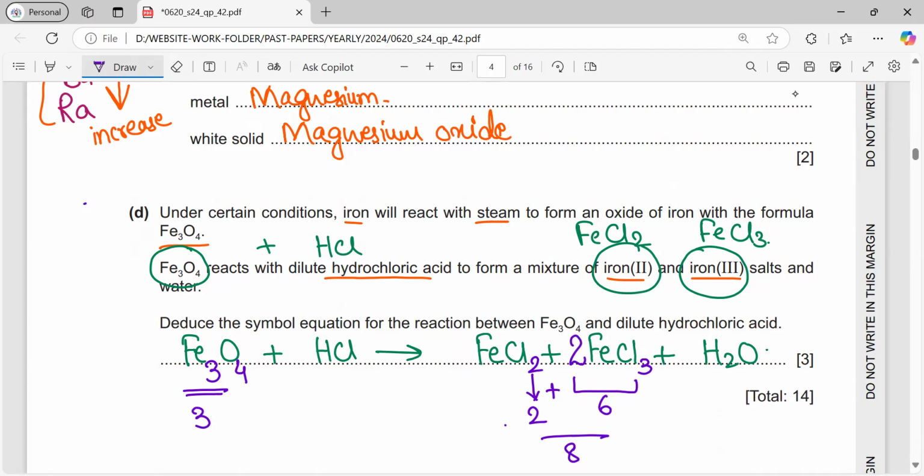So to make 8 on the reactant side, we'll write 8 with HCl, which makes hydrogen 8. So to balance hydrogen 8 on the product side, we'll write 4 with H2O. This makes water 4. And our equation is balanced.